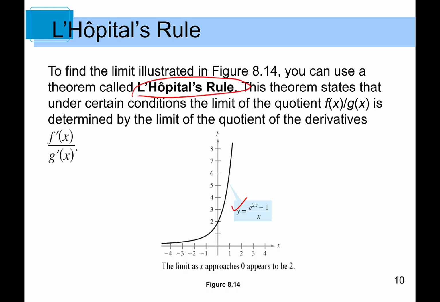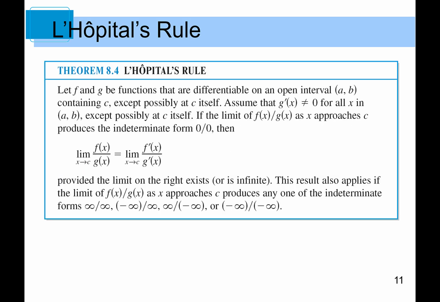It's named after a French mathematician, L'Hopital. This theorem states that under certain conditions, the limit of the quotient f(x) over g(x) is determined by the limit of the quotient of the derivatives, f'(x) over g'(x). So the key thing is applying the derivative on both numerator and denominator to find a limit. So let's take a look at L'Hopital's result. Let f(x) and g(x) be functions that are differentiable on the open interval (a, b) containing c, except possibly at c itself, assuming that g'(x) is not equal to 0.